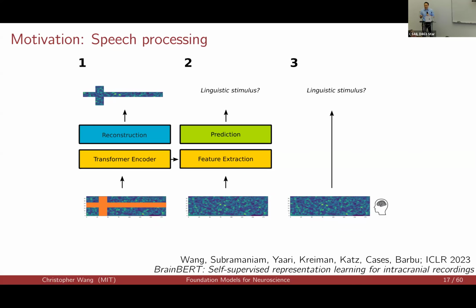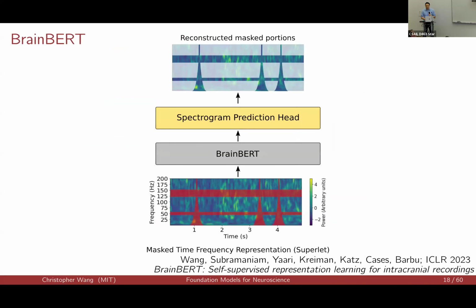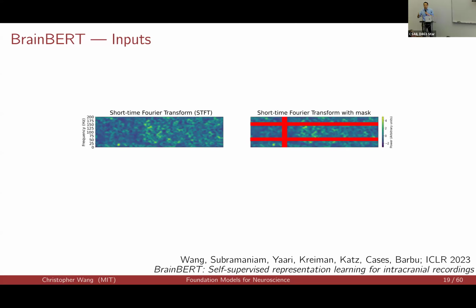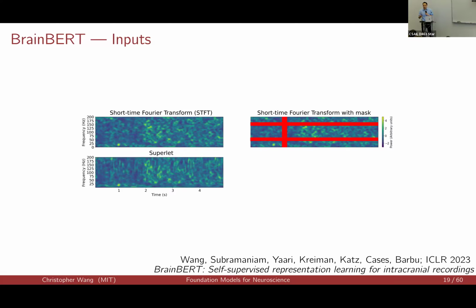We want to do the same thing with the brain, but we're not going to be working with audio spectrograms anymore. We're going to be working with brain data. And we play around with two different input representations. One, a straightforward short-time Fourier transform, for which during pre-training we mask constant width intervals of time and frequency, and a superlet representation.